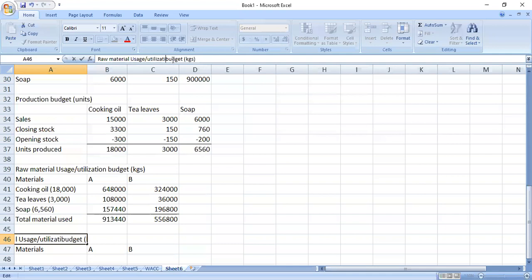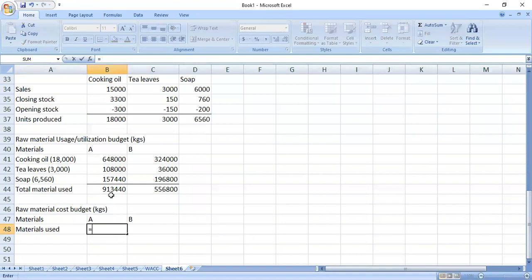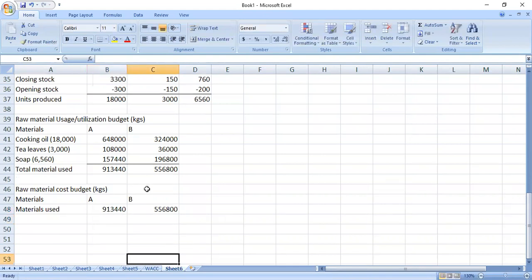Material cost. So for raw material cost, we borrow from materials used. For A used 913, then for B it's 556. This is what we used.